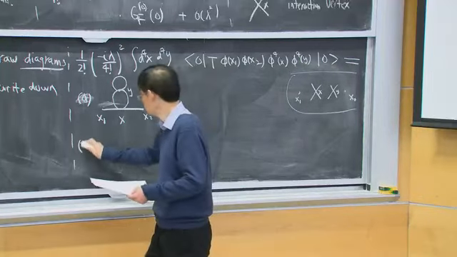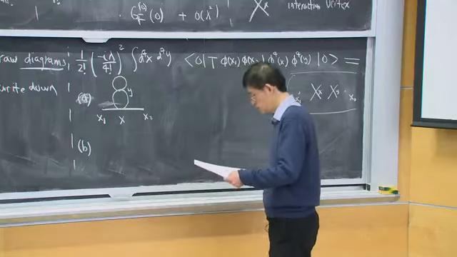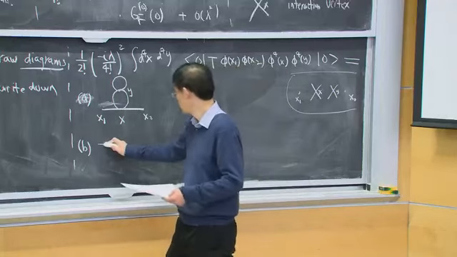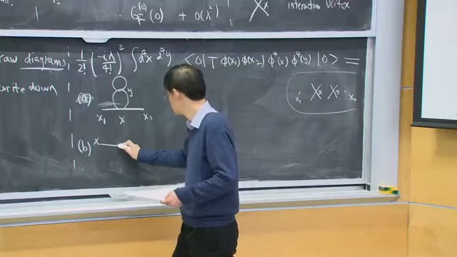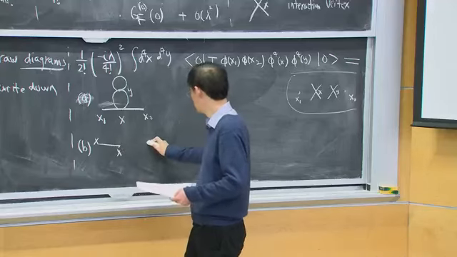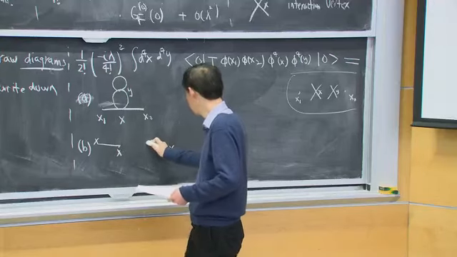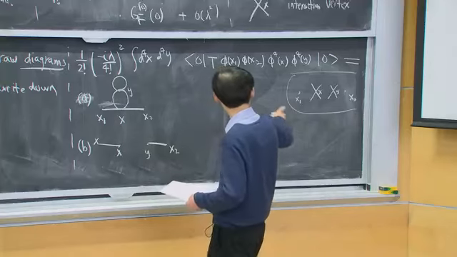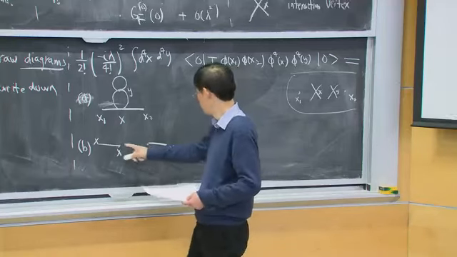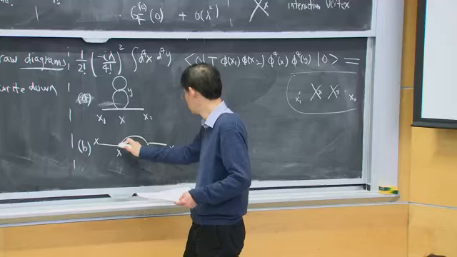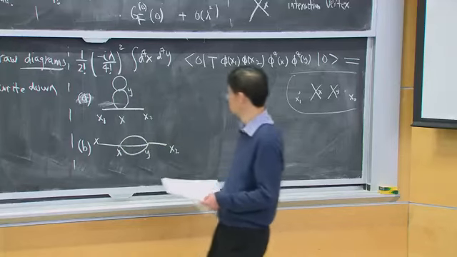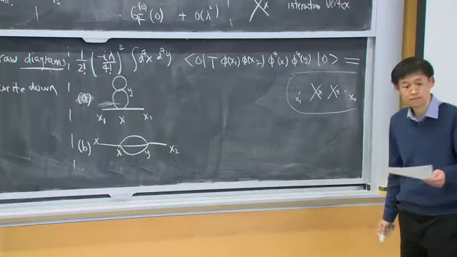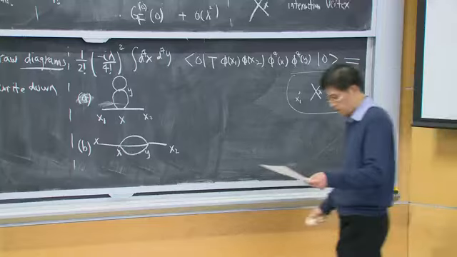The second possibility is that x1 connects to x, and x2 connects to y. Now there are 3 lines between x and y that we have to connect, so we can have something like that. This is the second.